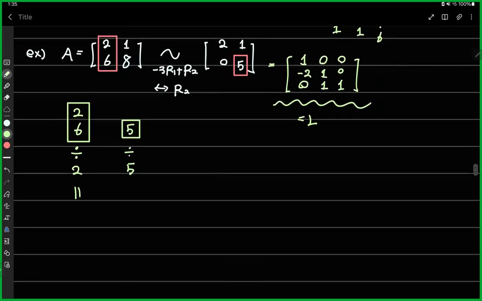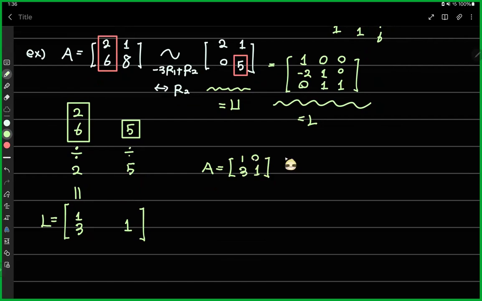So that is equal to 1 and 3, and this is equal to 1. So that's the lower triangular matrix. And then this is the upper triangular matrix. So matrix A is equal to 1, 3, 1, and 0, times 2, 1, 0, 5: the lower triangular matrix times the upper triangular matrix. This is how.